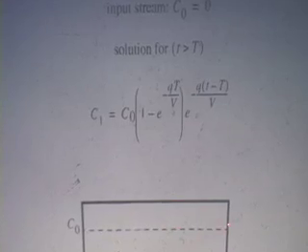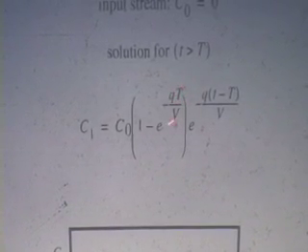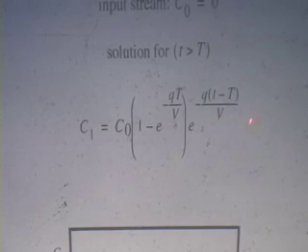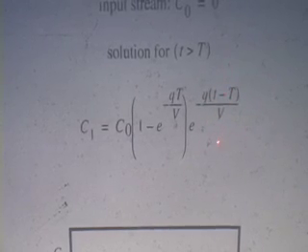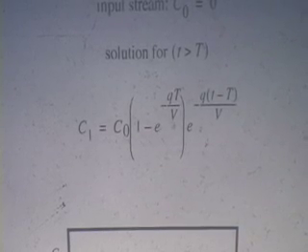So here's C0. This is what was in the stream. And here's big T, 1 minus e to the minus q big T over v, and here's e to the minus q times t minus big T over v. So first of all, you check, does this make any sense?